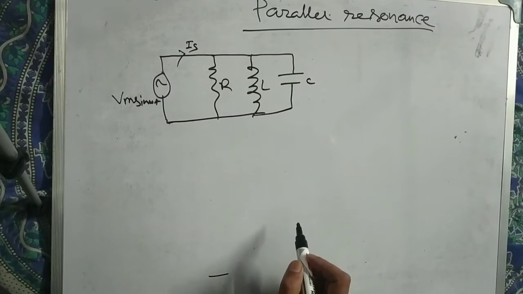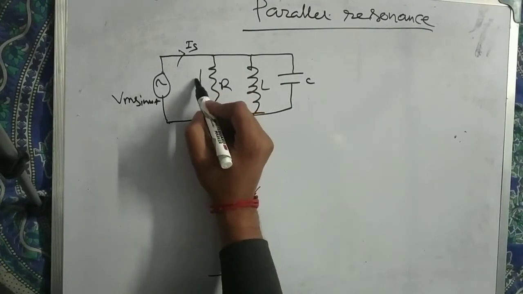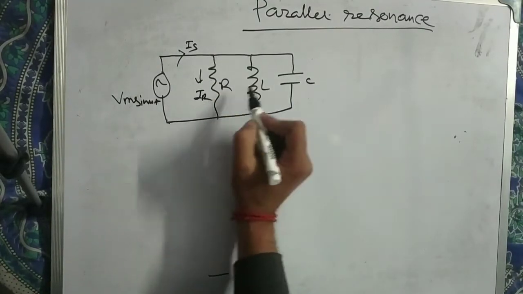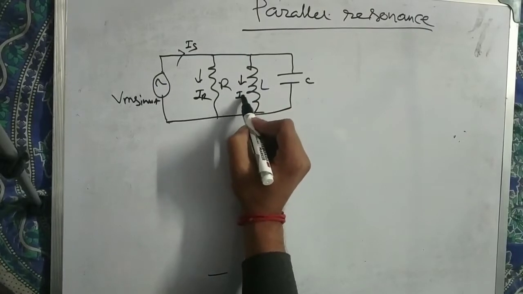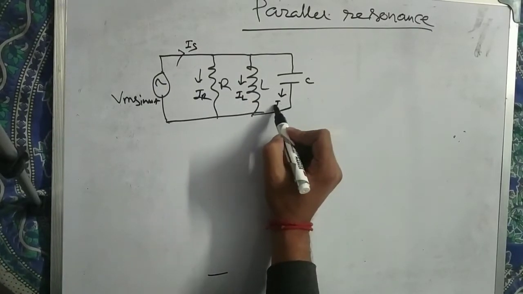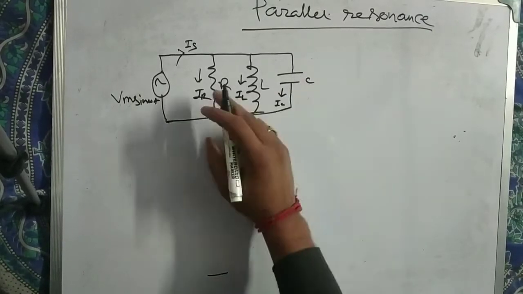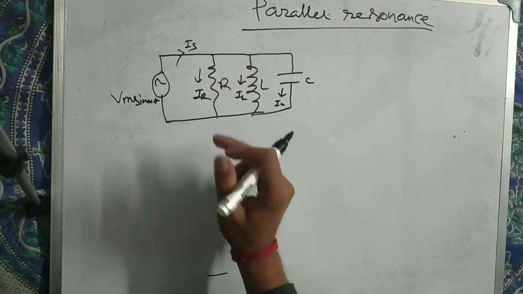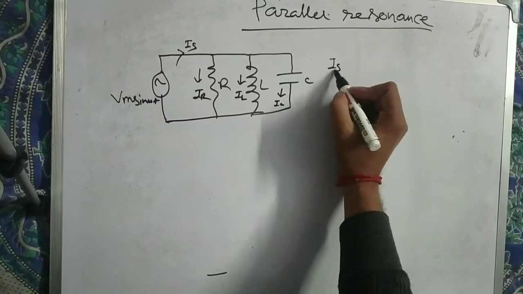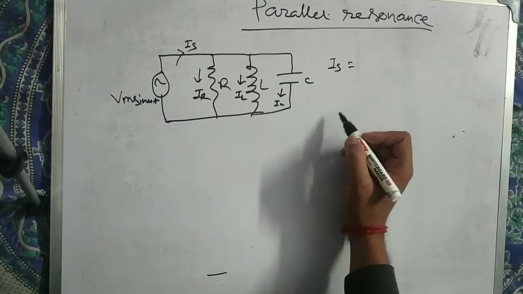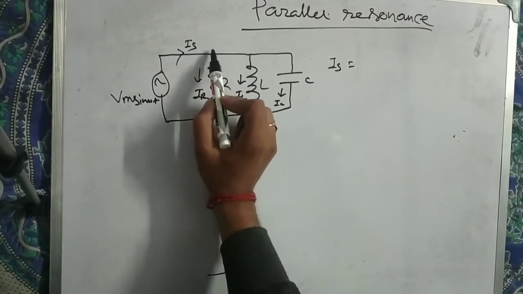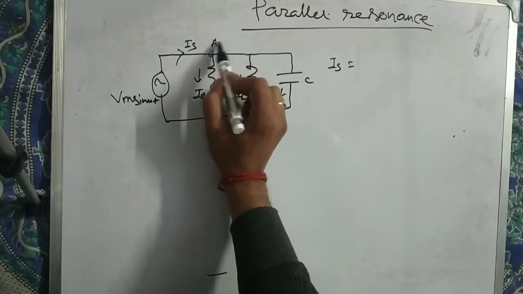So this is supply current Is, resistance current IR, inductor current IL, and capacitor current IC. Now we all know nodal analysis. Is current is supply current. At this point we are taking KCL.